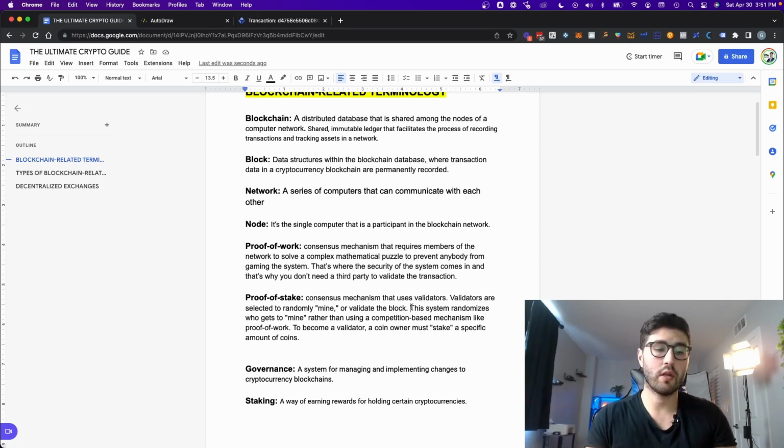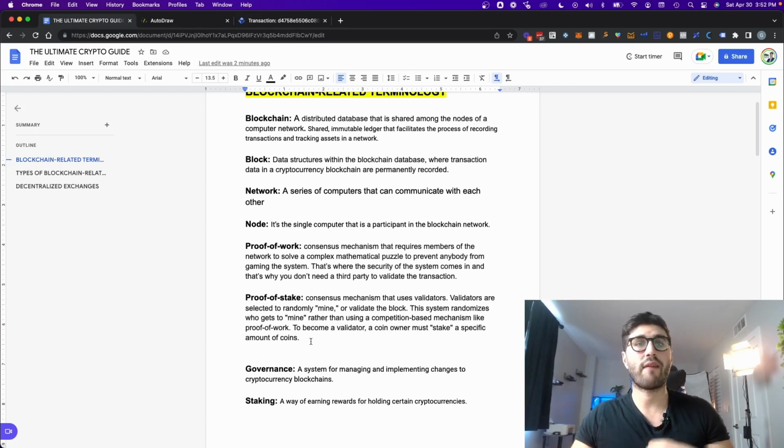So the most commonly recognized proof of stake blockchains are the Binance Smart Chain, Solana, Cardano, Avalanche, Polkadot. Those are blockchains that are proof of stake, and they work with this specific consensus mechanism, okay?